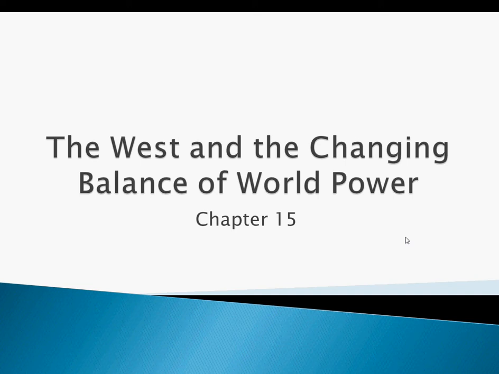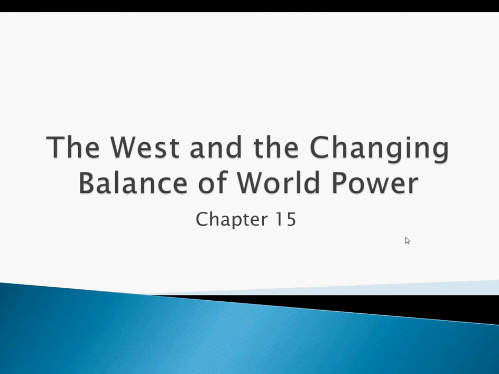We're going to be looking at Chapter 15, and we're going to look at a fundamental change that takes place in the world, and that is a shift of power from the east to the west. Now, we've been looking at the Mongol Empire, we've looked at the Chinese Empire under the Tang and the Song dynasty, we've looked at India, the Gupta dynasty.